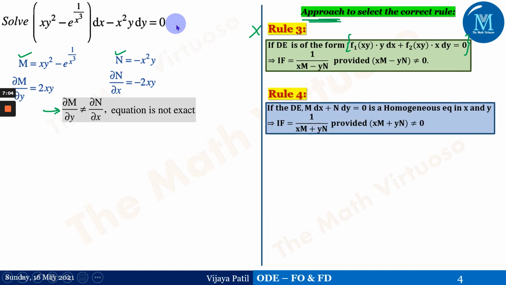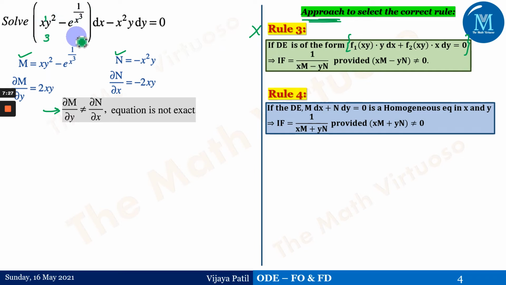Let me go for rule number 4. This is the correct approach, because rule number 3 and rule number 4 give us the answer just by looking at the differential equation. Let me explain why I am discarding rule 4. It has to be homogeneous. Let me check: x to the power 1, y to the power 2, so the degree is 3 here.